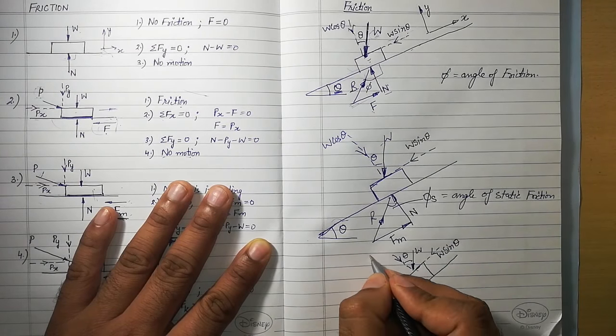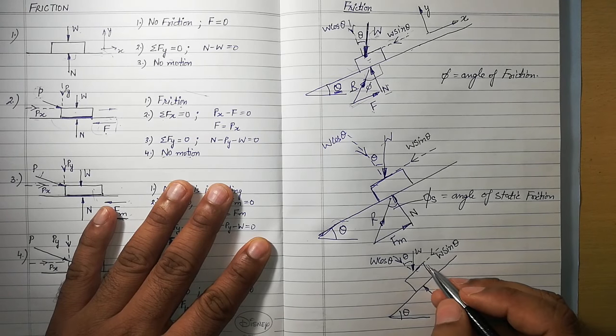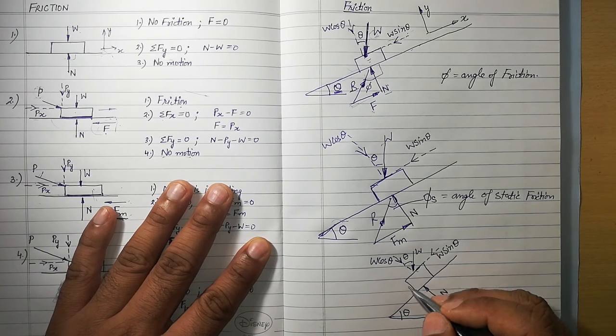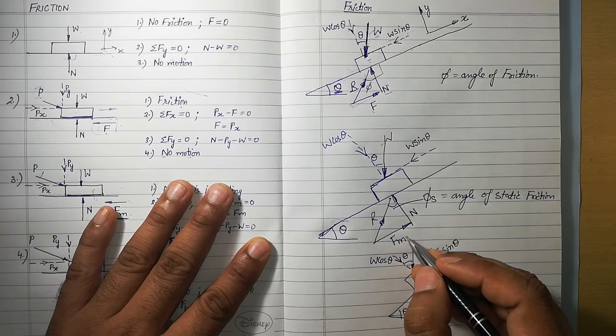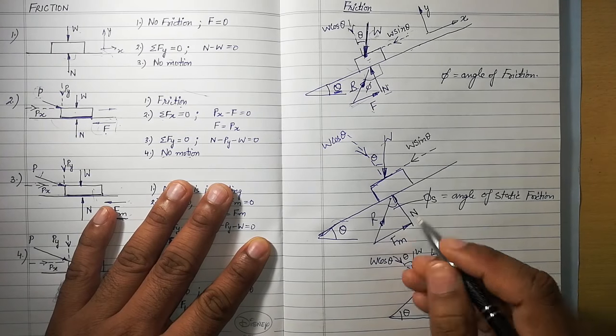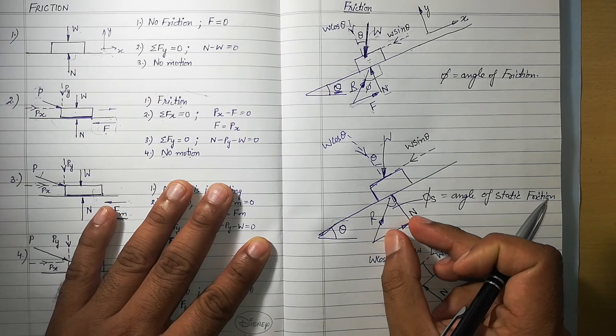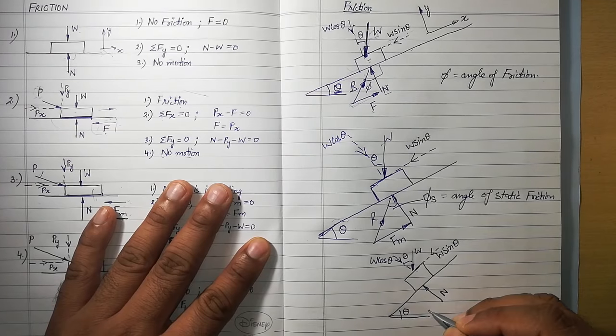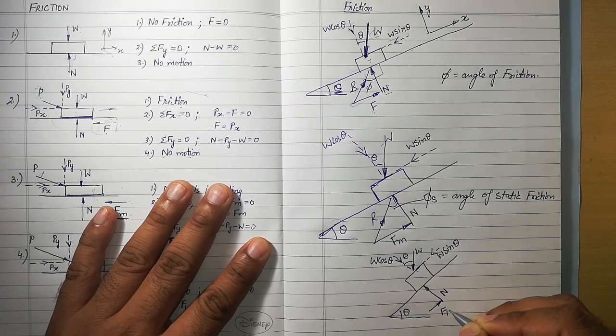Now when theta is further increased, what will happen? Motion will start. Then this maximum value of static friction, or the limiting friction, will decrease and it will be called kinetic friction. Now this longer vector will decrease. Fine. So we will call that kinetic friction.